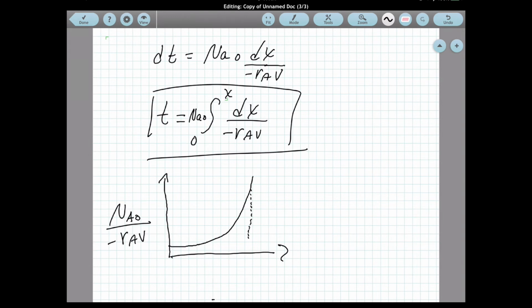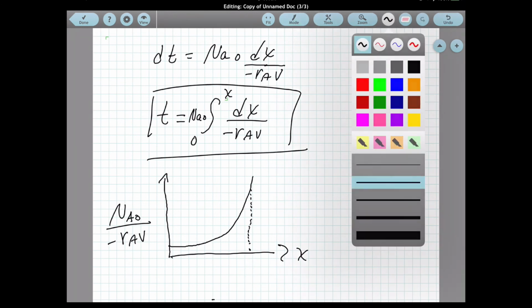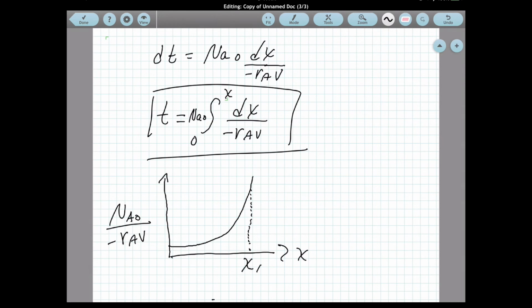And if I'm trying to get a specific conversion, like this one, then we look at the y-axis.